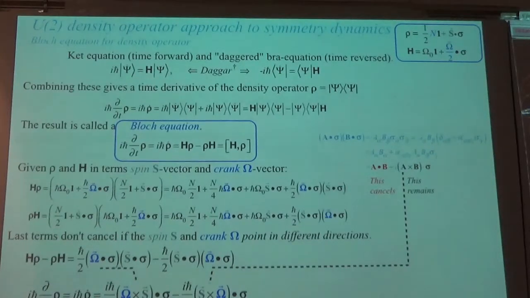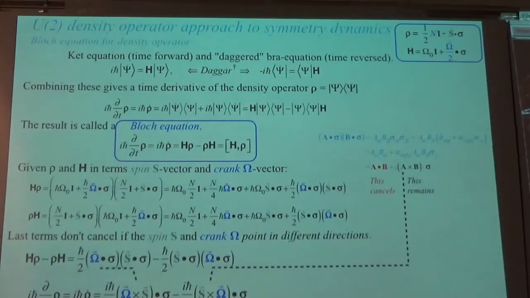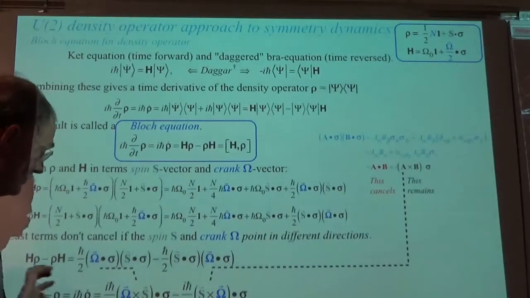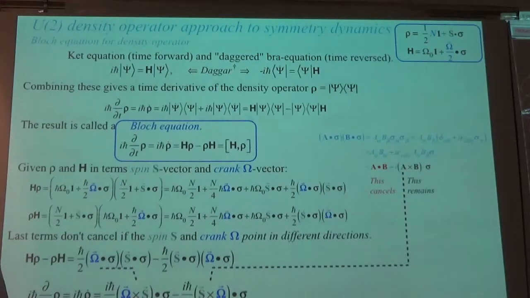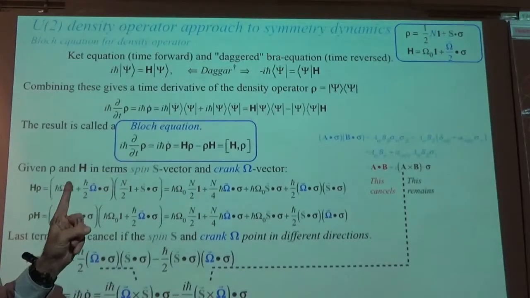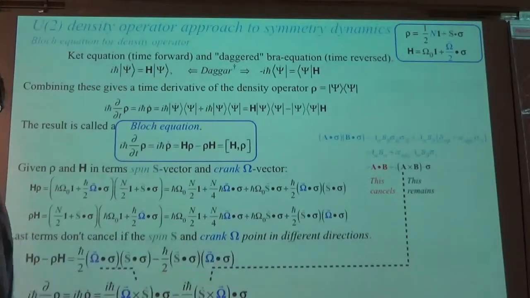So this one comes out to be omega cross S. This one becomes S cross omega. And this is the minus of that, so we get rid of the 2. And we knew we had to get rid of that half because we're going from spinor things to vector things.